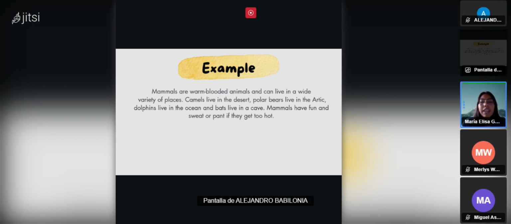Then we have the hyponyms that are mammals, and those mammals are camels, polar bears, dolphins, and bats. And another one for hypernym is that they can live in a variety of places, and the hyponyms for those places are the desert, Arctic, ocean, and cave.